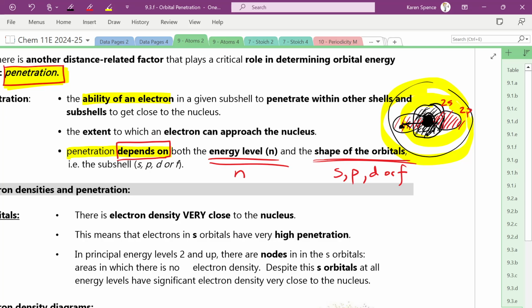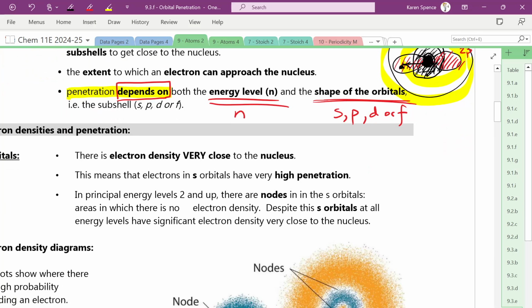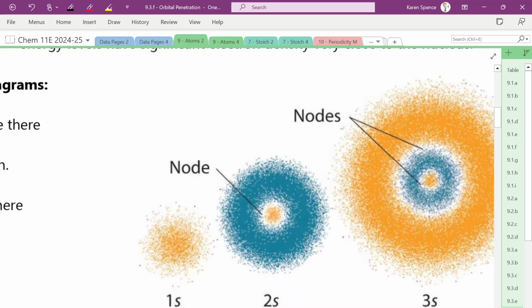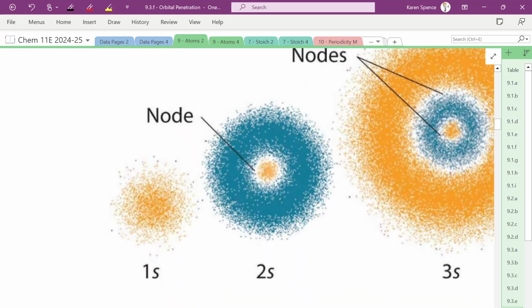When we solve that wave equation for an S orbital, you remember that complicated equation that guy did all that math for? Okay. When we solve the wave equation, this is the probability field we get for a 1s orbital. This is the electron cloud.